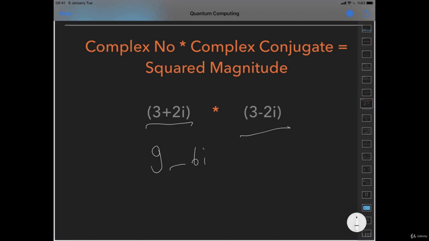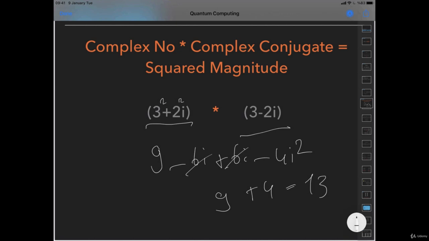9 minus 6i and plus 6i, and then you're going to have minus 4i squared, right? So minus 6i and plus 6i will cancel each other out, and we're going to have 9 plus 4, because i squared will be minus 1 eventually. And this is exactly the definition of the squared magnitude, right?